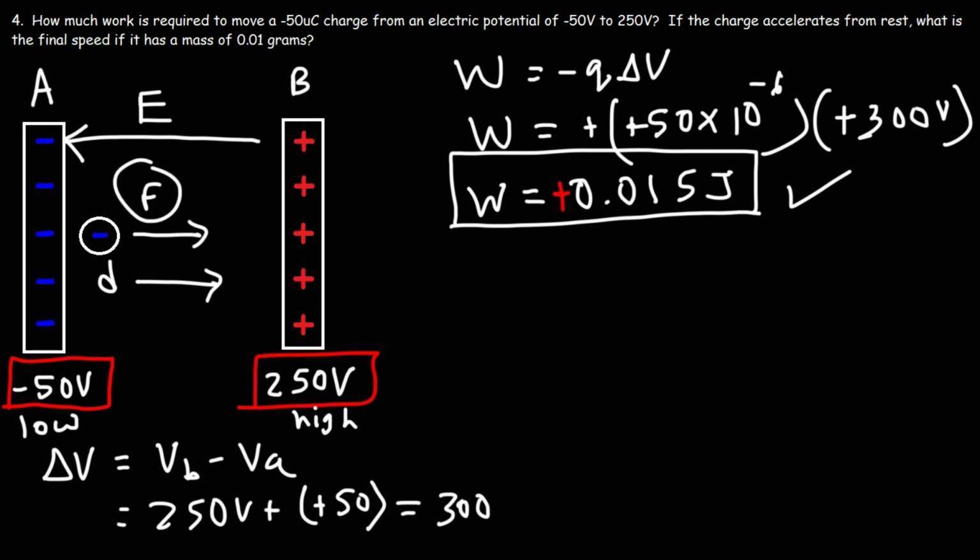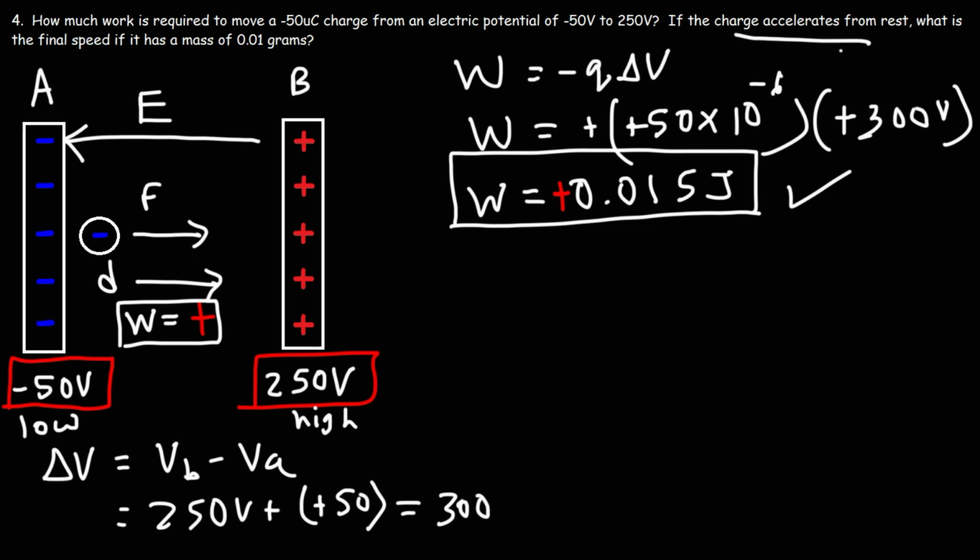Now, because the force and the displacement vector are parallel to each other, in the same direction, the work done by the electric field on the negative charge is positive. Now let's analyze it from the other angle.